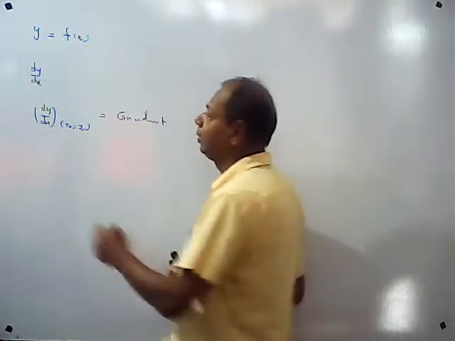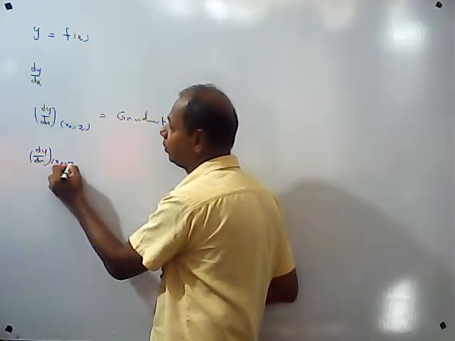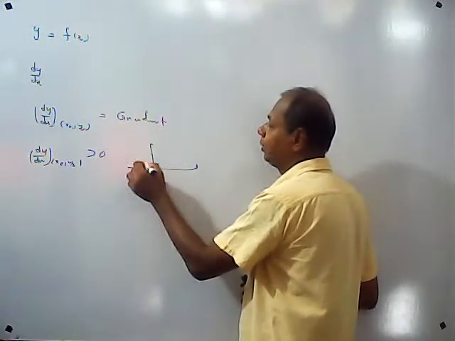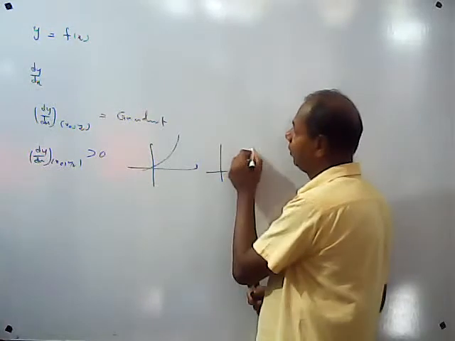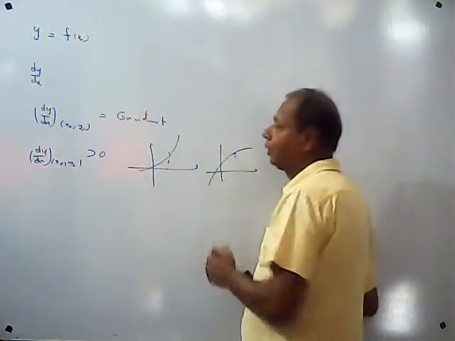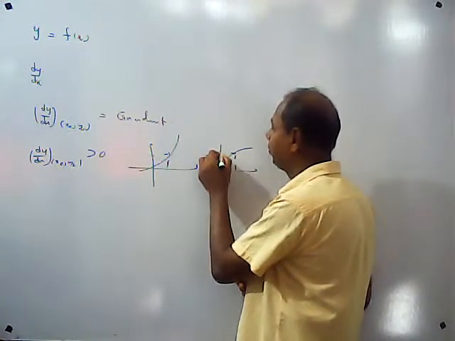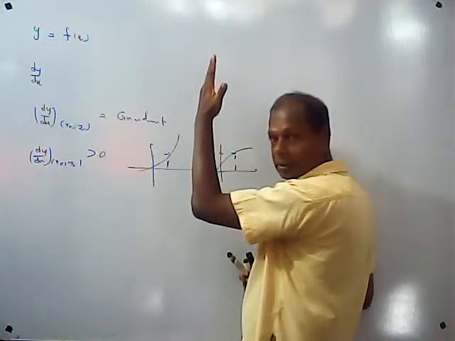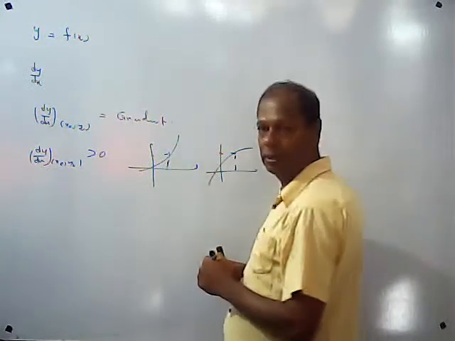Then we said if this dy/dx, the differential coefficient, is positive, the curve can pass the point either this way or this way. The curve is increasing. If dy/dx is positive at some point, the curve is increasing at that point, either rapidly increasing, concave up, or slowly increasing, concave down.